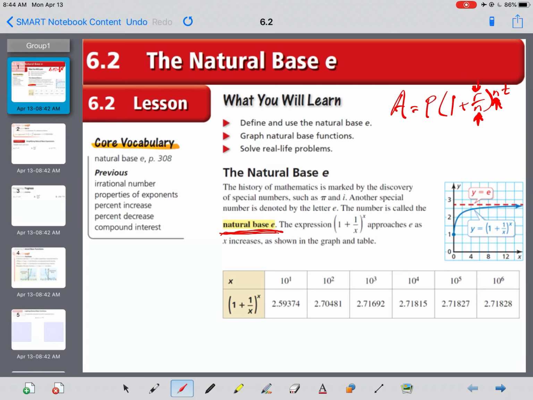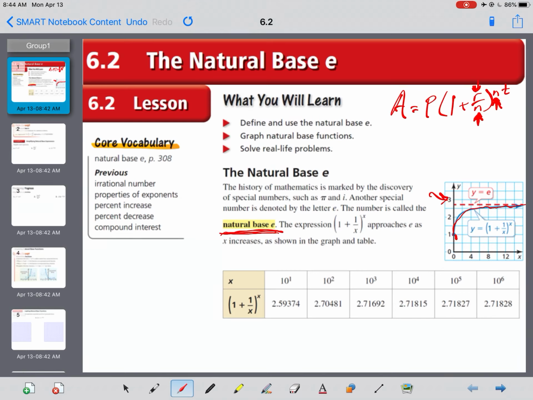Here's where it comes from: 1 plus 1 over x, to the x. So our time is once, our rate is 1, but the number of times we do it changes. As we increase the number of times, it gets closer and closer to this line up here, the y equals e line.